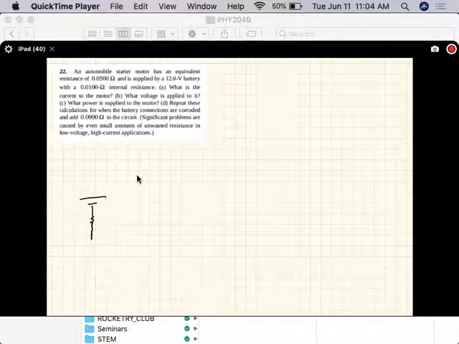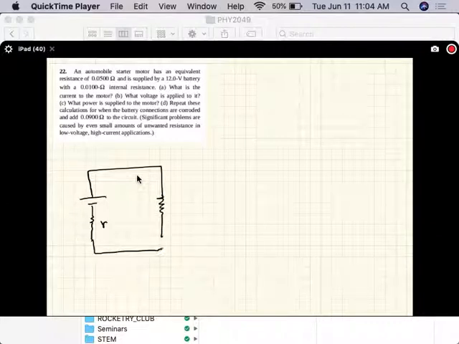The internal resistance is denoted by little r. Here is the external resistance, which is called the load. Okay, so the internal resistance is equal to 0.01 ohms and the load is 0.05 ohms.